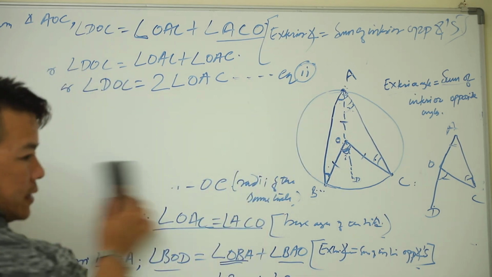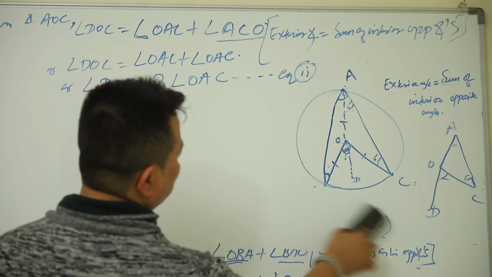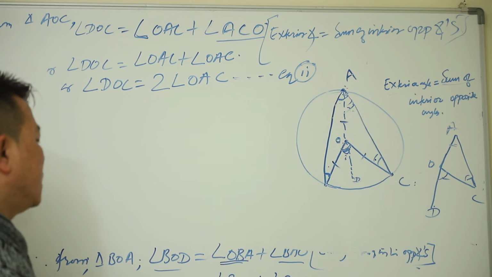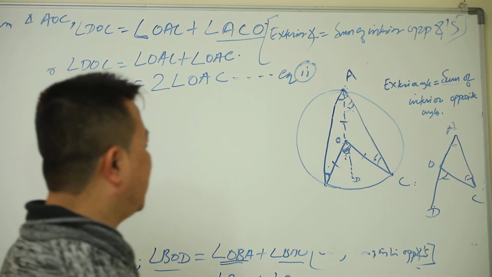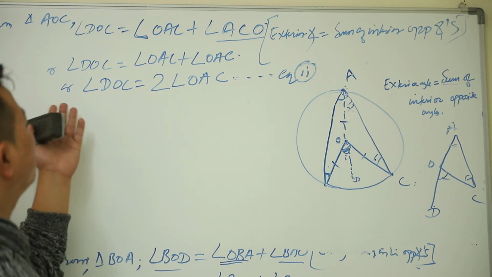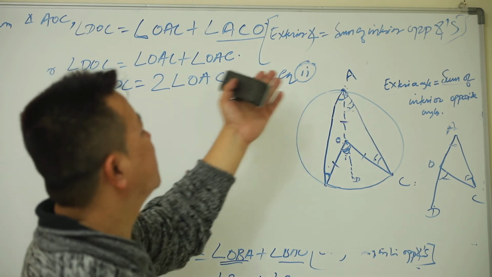Now you have two equations, equation 1 and equation 2. Equation number 1: angle BOD is equal to twice angle BAO. And just now we have derived equation number 2: angle DOC is equal to twice angle OAC.